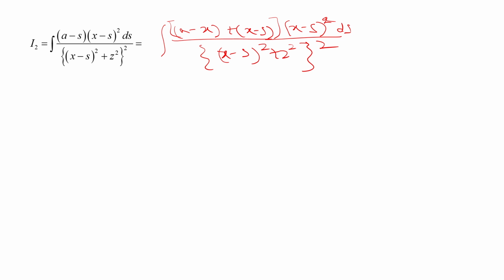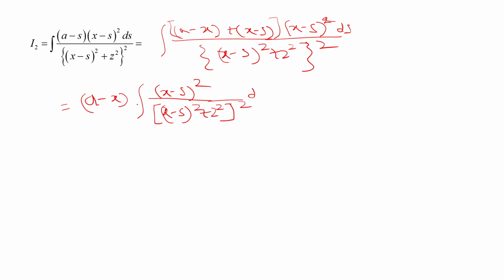Therefore, it will come out to be a minus x integration of x minus s square by x minus s square plus z square whole square ds, plus x minus s whole cube, and again the denominator is squared, and ds the way it is there.